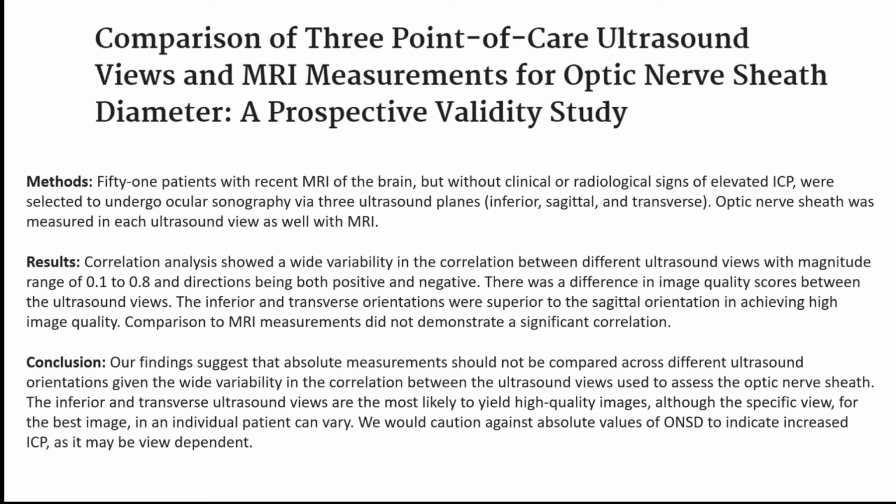There was also a difference in image quality scores between the ultrasound views. They found that the inferior and transverse orientations were superior to the sagittal orientation in achieving a high image quality. Comparison to MRI measurements did not demonstrate a significant correlation.